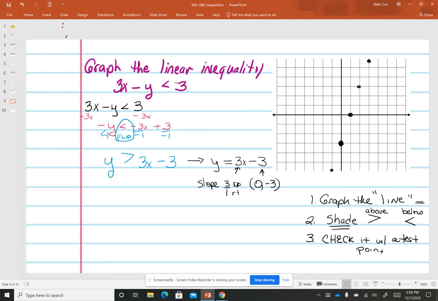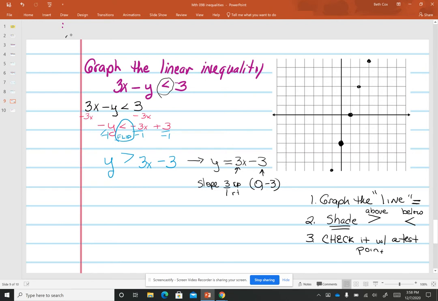Now I haven't drawn it in yet because there is something we need to talk about. The original problem has a less than only, and the line represents the equals. I don't have an equals.